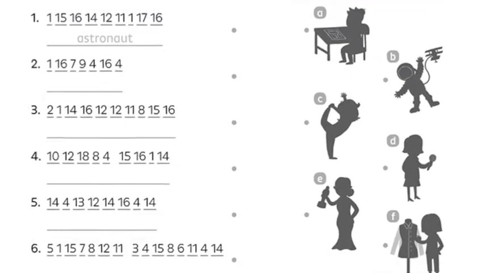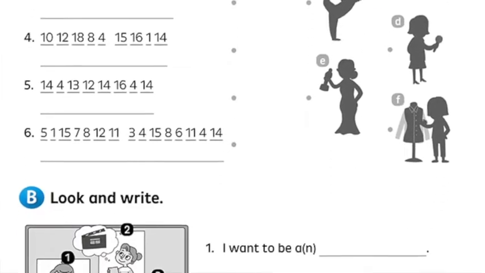This is about our dream jobs, and this is how the page should look. We are going to be on page 12, and page 12 has letter A and B, as you can see, and we're going to get started with letter A.